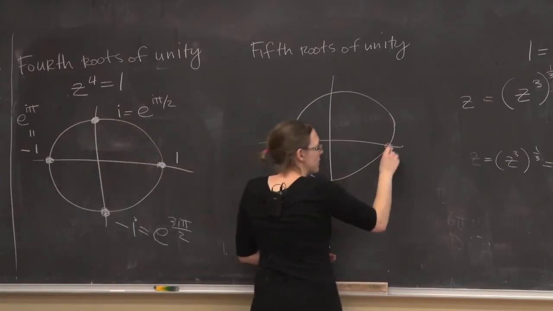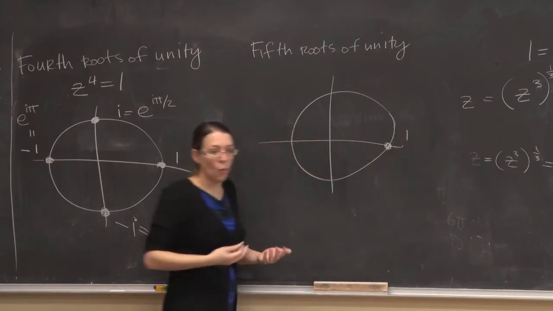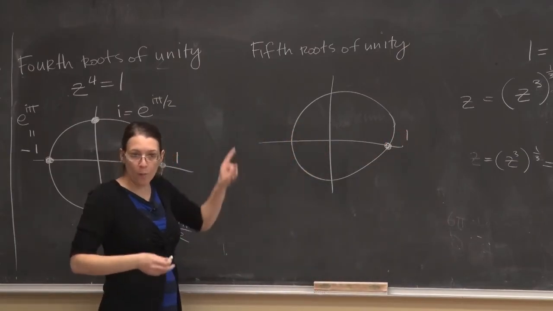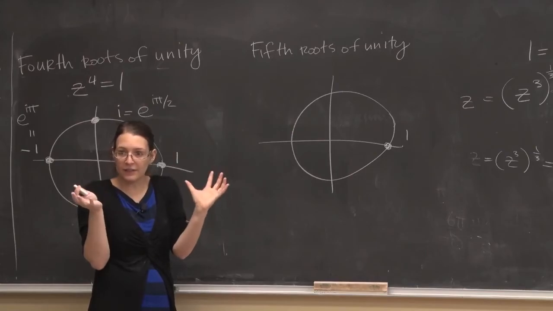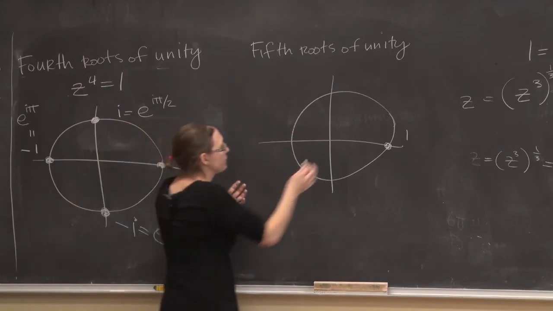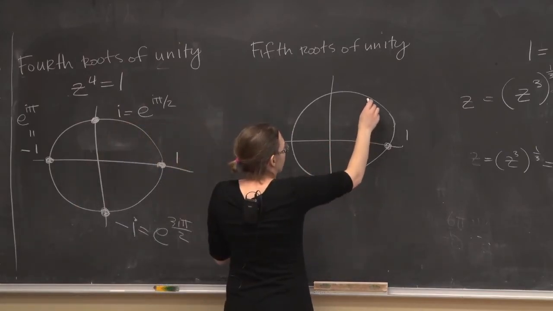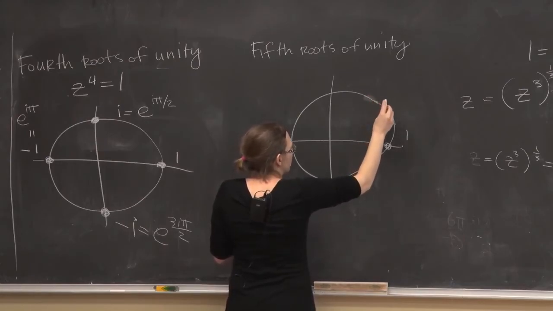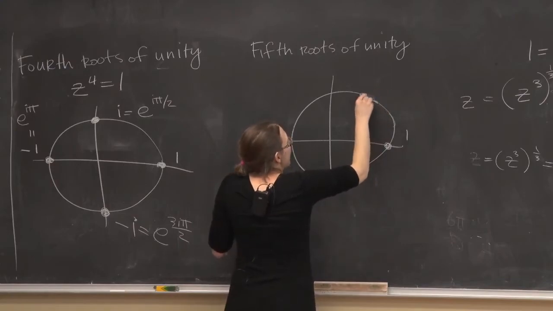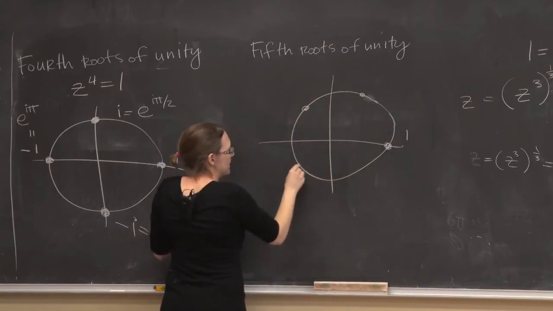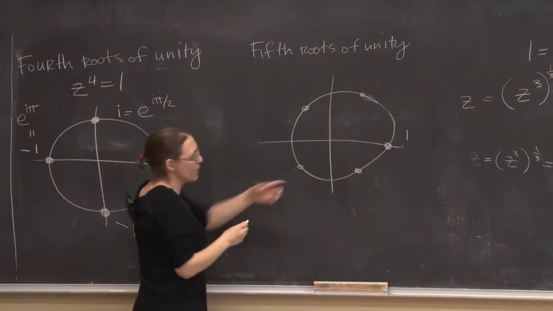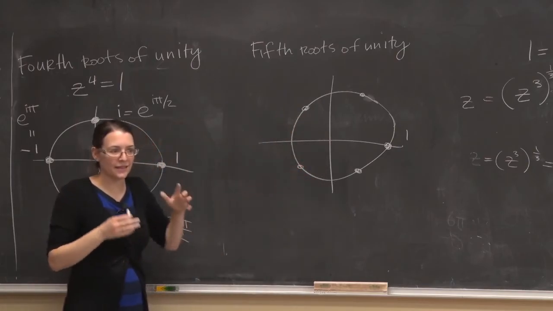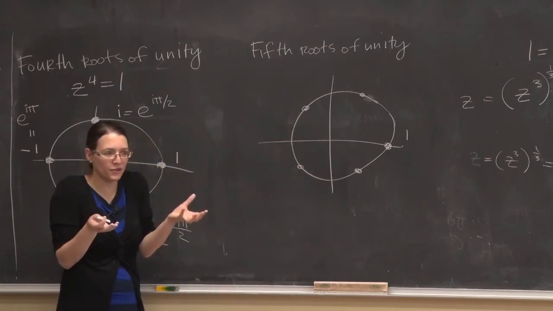There's always 1, and then there's 4 more spread out evenly. I didn't look them up beforehand, but it's something like this. You draw 5 points equally apart on the circle.